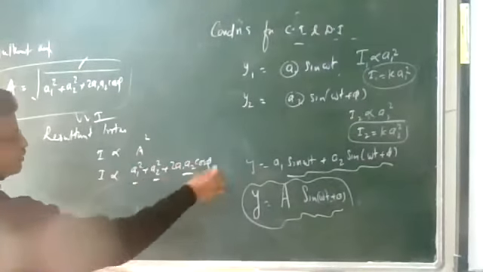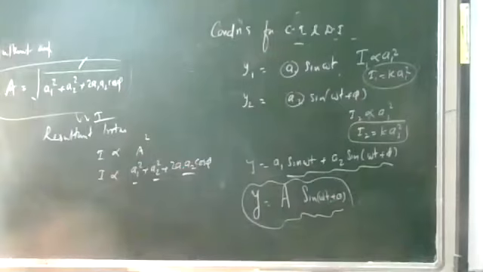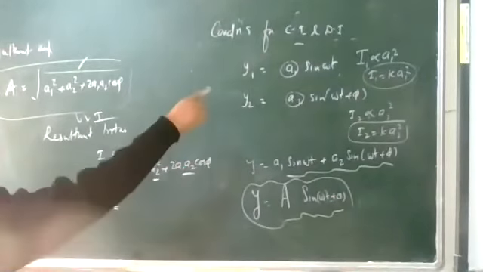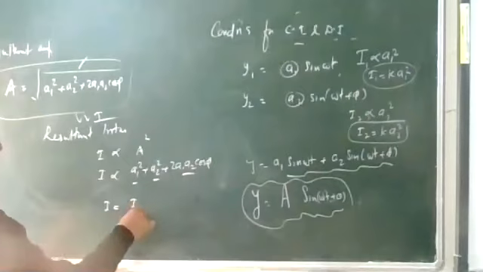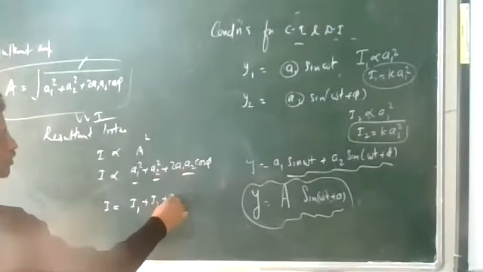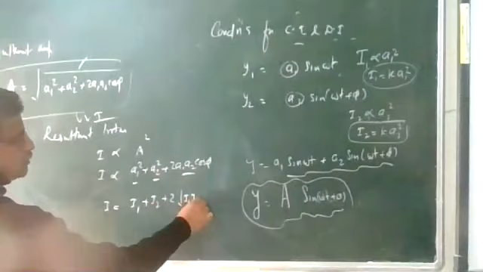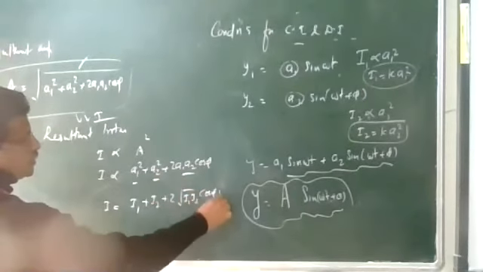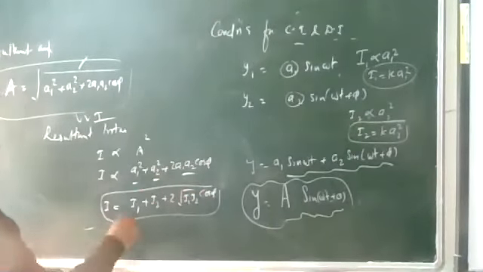We change this in terms of intensities. A1 square is I1, A2 square is I2, and A1 A2 is under root I1 I2 cos phi. So this is a very important relation for resultant intensity.